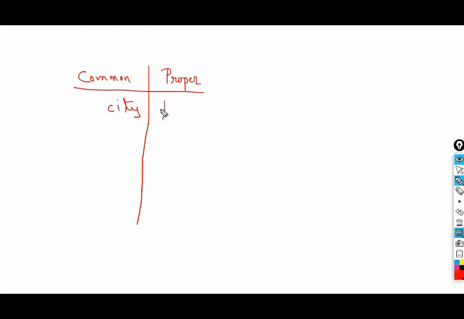And the word Hyderabad is supposed to be capital, because no matter where you write it in a sentence, whether in the beginning, middle, or end of the sentence, it is always written starting with a capital letter.